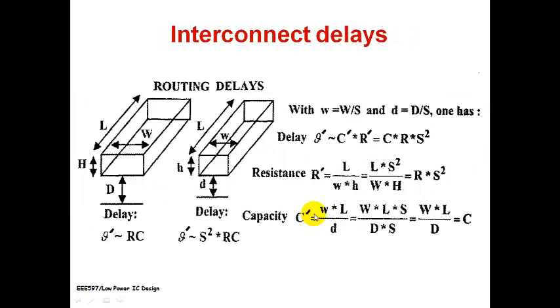The next topic, major topic, what we would go for having is the interconnect delays. Before going for interconnect delays, we have got to talk about something else also. Previously, we were all working with micrometer size devices, and then we went for deep submicron, what we called.